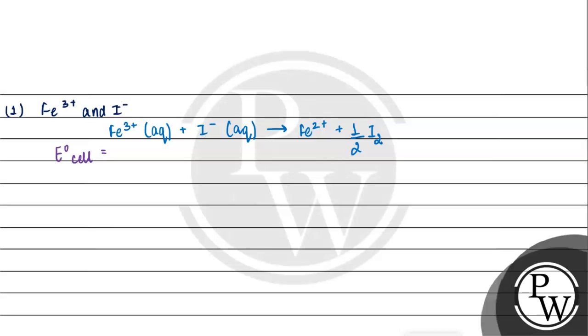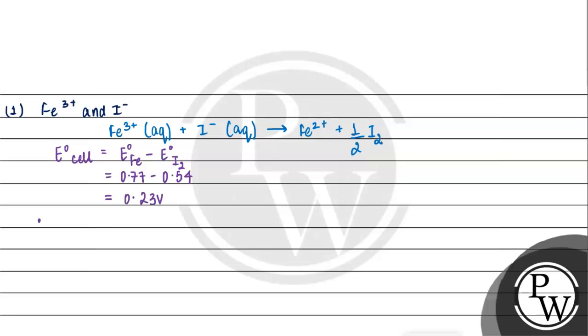Now if we look at the E° values, E° cell is E° Fe minus E° I2. So if we want to calculate it, E° Fe हमें दे रखा है 0.77 and E° I2 हमारा 0.54. तो हम अगर इसे calculate करेंगे तो it will be 0.23.